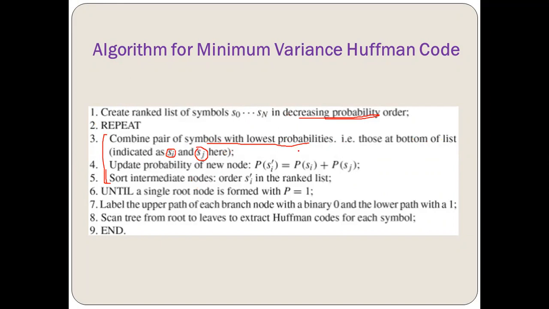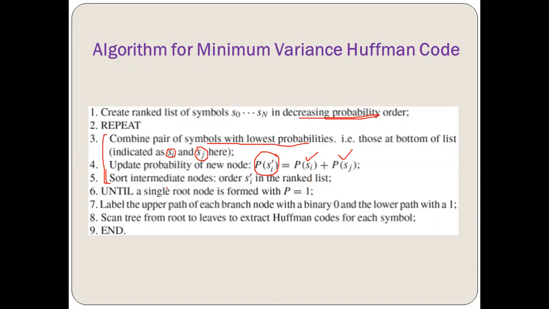We are going to add these two lowest probabilities and create a new symbol with probability SI dash. Now again, we are going to sort it in the complete sequence, because this is a newly generated symbol.